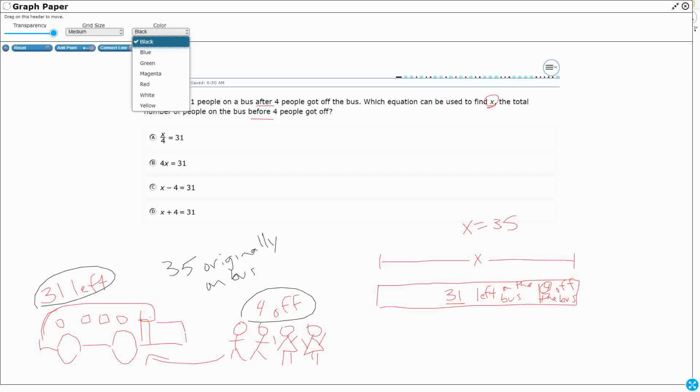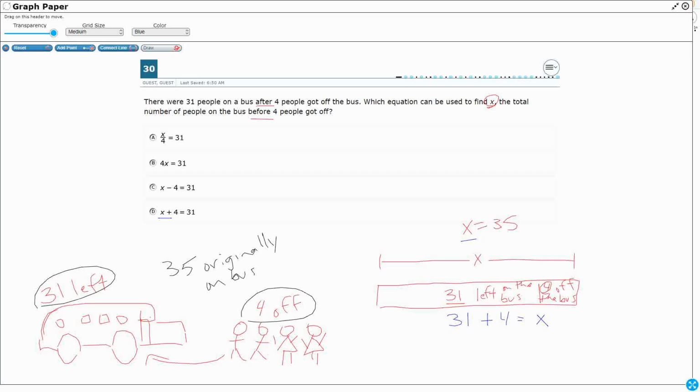So how could I write what I just wrote down here? I could say, well, 31 plus 4 equals, and they don't give you a 35, so I'll just write x, right? So I see a plus right here, but that's not really going to work.